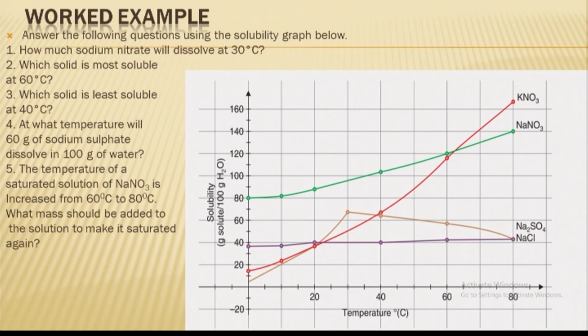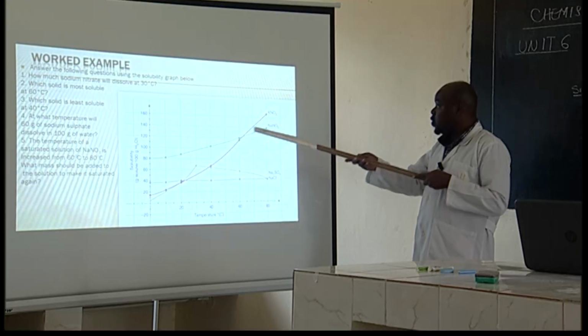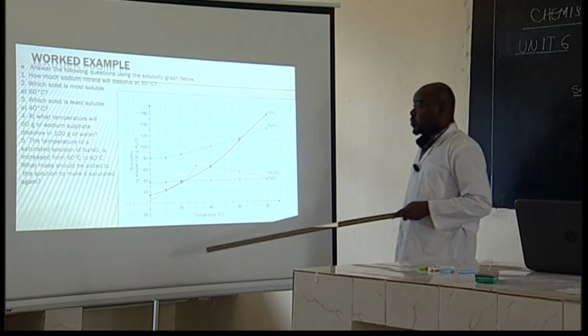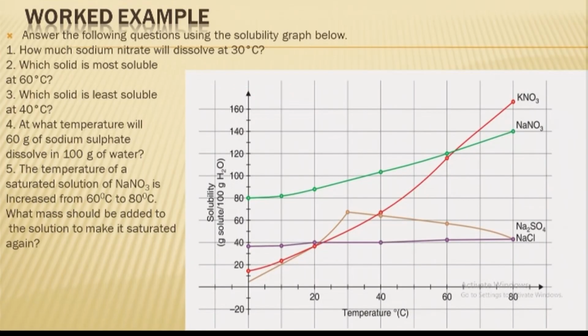Number 5, the temperature of a saturated solution of sodium nitrate, the same compound, is increased from 60 to 80 degrees. So it's from 60 here to 80 degrees. You can see that as temperature changes, even the solubilities change. And the question is asking what mass should be added to the solution to make it saturated again.